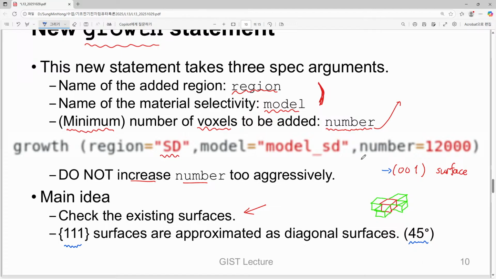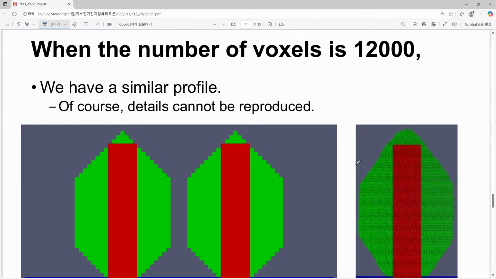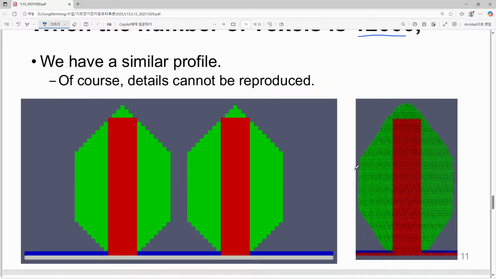Well, now let's have a look at the result. When the number of voxels in our example system is set to 12,000, we have this profile. This is once again the KLMC result that is exactly the same as before, and now we have the improved result.